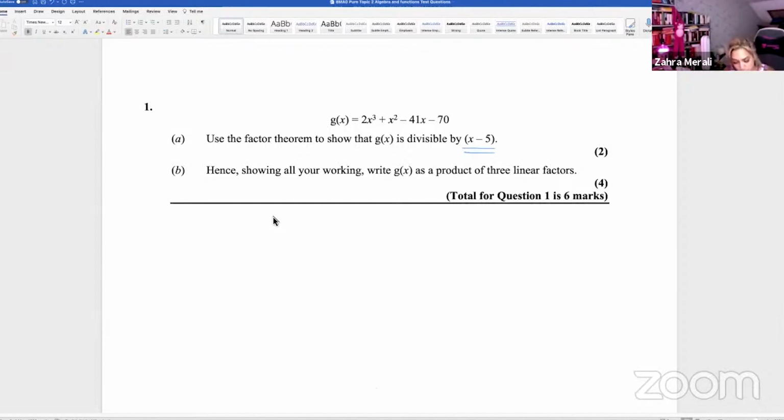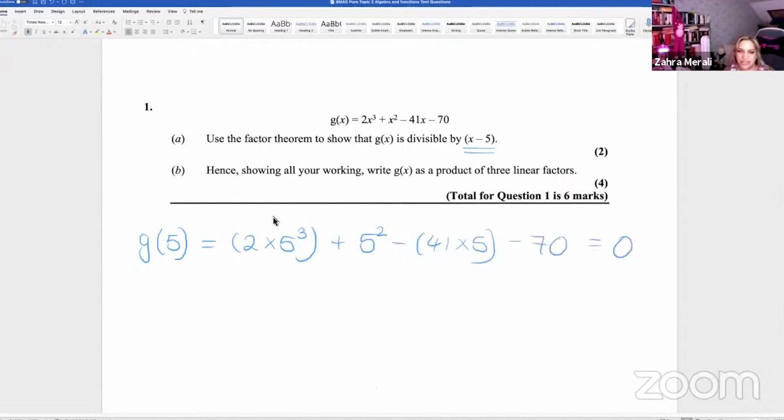So we need to show that g of 5, so substituting 5 in, gives us 0. So we're going to do 2 times 5 cubed plus 5 squared minus 41 times 5 minus 70 equals 0. Now you don't really need to plug that in, you know that's the case, you're trying to show it.